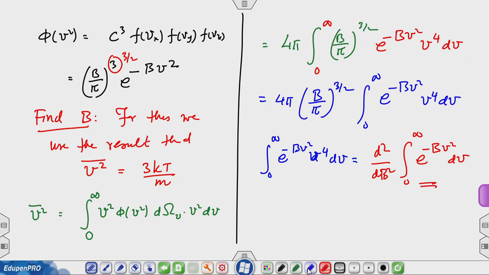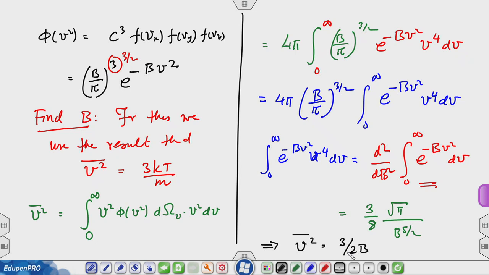So this then comes out to be 3/8 square root of pi over b raised to 5 by 2. And this immediately gives you, plug in all the things, and you get v square bar to be equal to 3 over 2b.